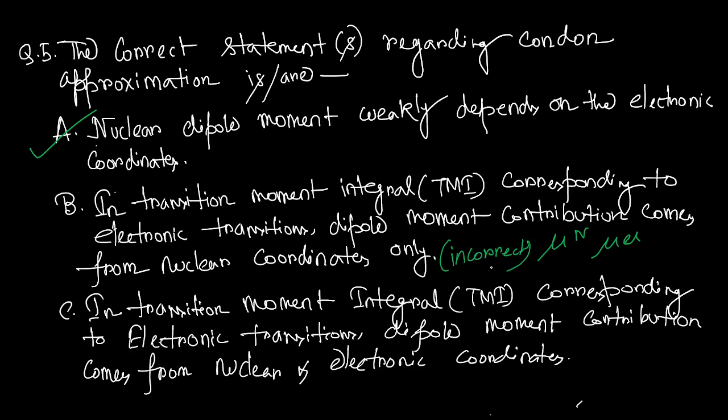Now the third one says that in the transition moment integral, the electronic transition dipole moment contribution comes from nuclear and electronic coordinates. The dipole moment depends only on the electronic coordinates, not the nuclear ones, so this option is also incorrect.